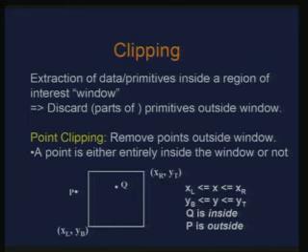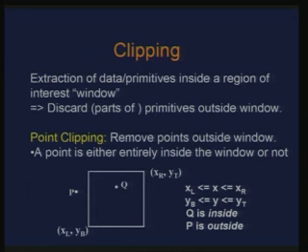So, for instance, we looked at point clipping, right. Point is the simplest primitive. We wanted to answer whether a particular point is inside the window or outside the window.